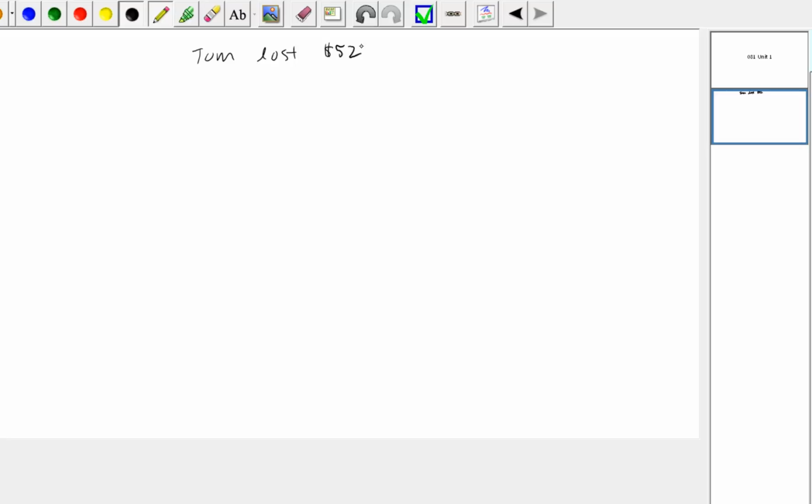If we were going to do this with algebra, maybe we would look at an input as time, Tom is gambling. And then what really decides whether we can think of this as a positive number or a negative number is how we define the output.